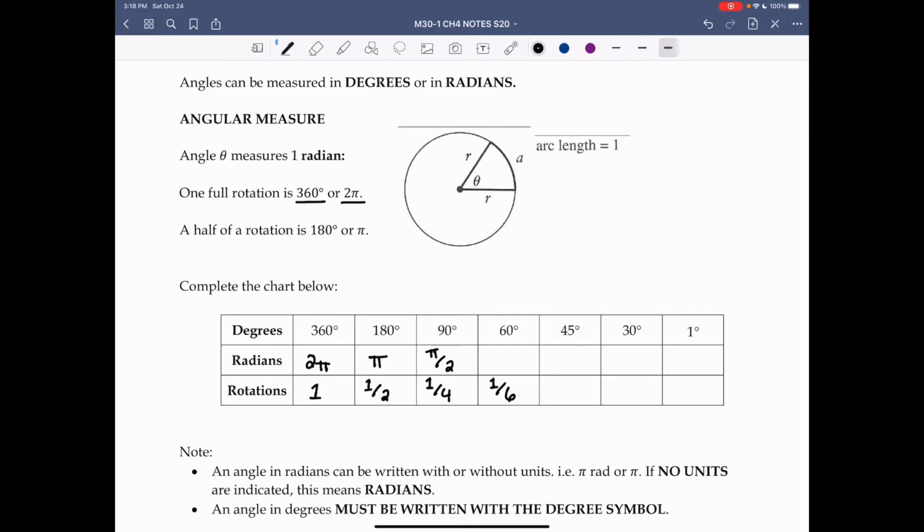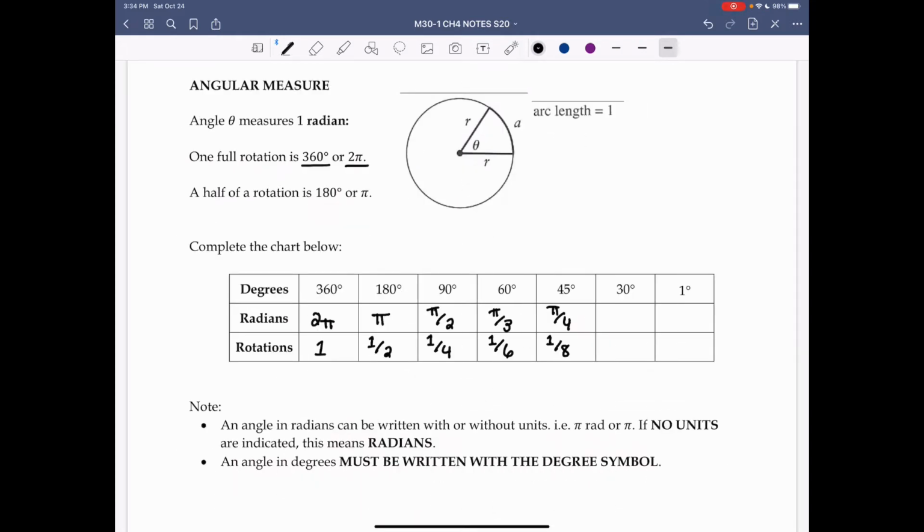So to get the radians, multiply 2 pi, a full rotation in radians, by 1/6, which would give us 2 pi over 6, which would simplify to pi over 3. 45 degrees would be 1/8 of a rotation, since 45 times 2 is 90, and 90 degrees was a quarter rotation. Then to get the radians, start with a full rotation, 2 pi, times 1/8, which gives us 2 pi over 8, which reduces to pi over 4.